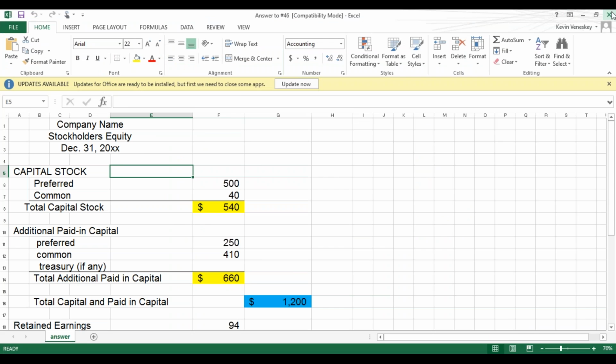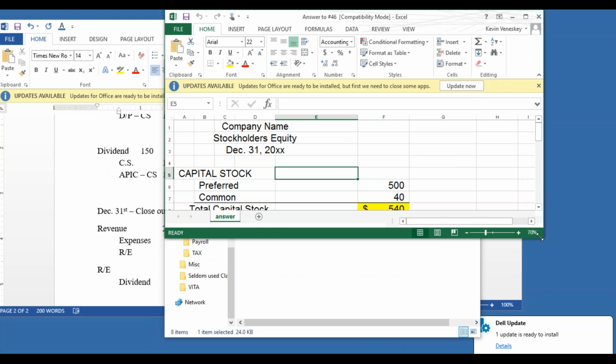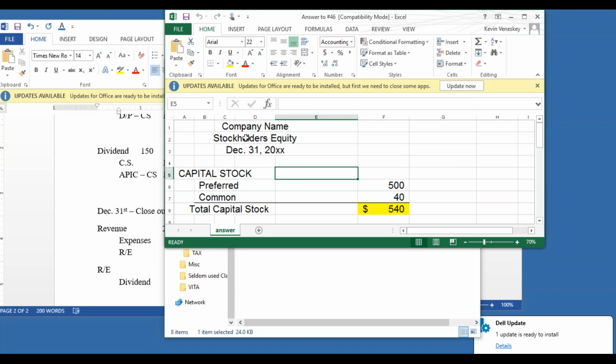The first thing that you'll see when I do this statement of stockholders' equity is that it's actually part of the balance sheet. I just put here that this is the stockholders' equity section. But if you look back to your T accounts, you should have had only 1 entry in the preferred stock. And then you had 3 different entries in the common stock.